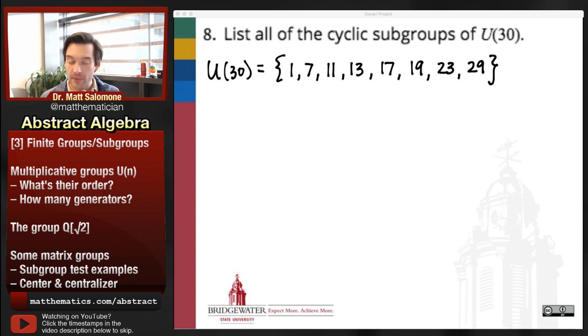Now, what does it mean when it asks us for the cyclic subgroups? So the word cyclic here is important, right? Because anytime you see the word cyclic, the other word that should come to your mind is the word generator.